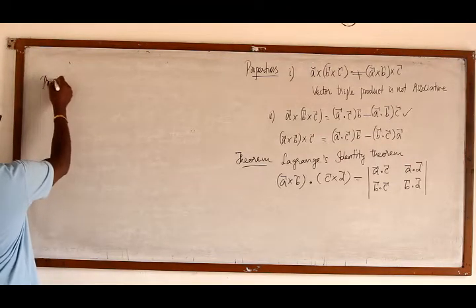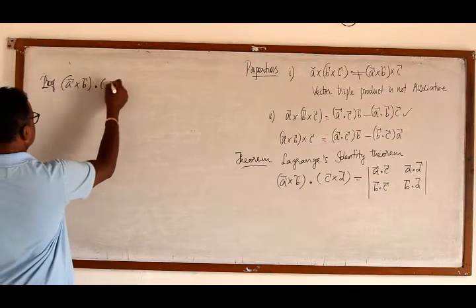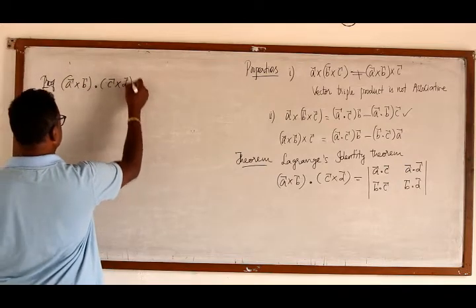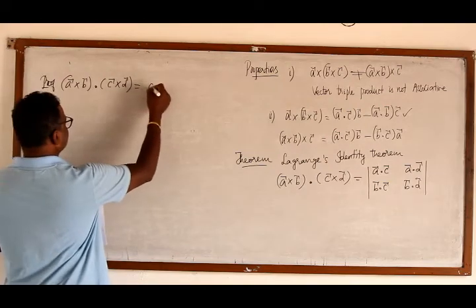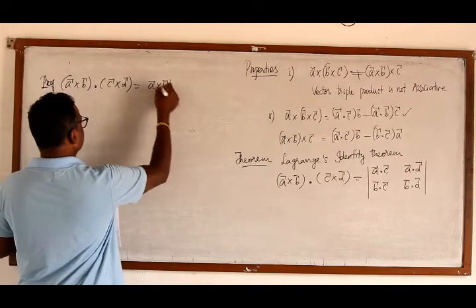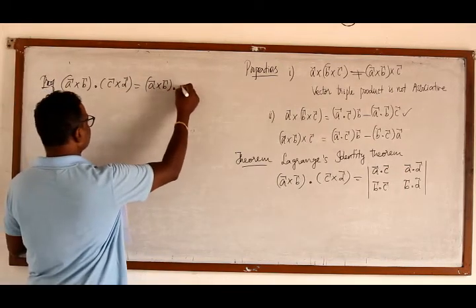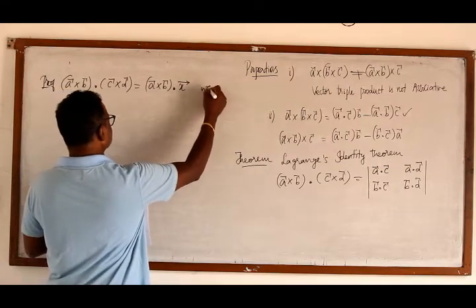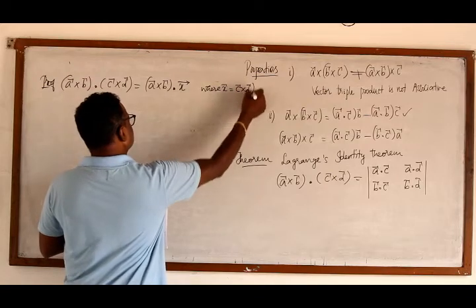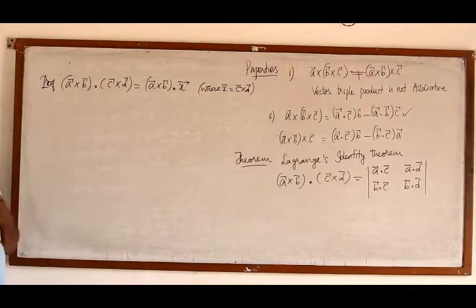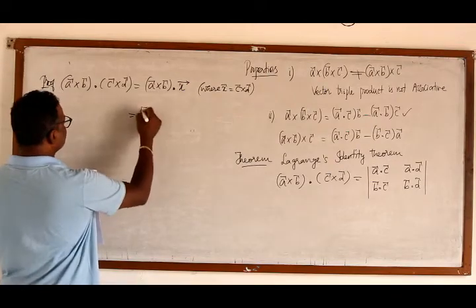Proof. We have (A cross B) dot (C cross D). Let me take this A cross B as it is. And we know the cross product of C and D will be a vector only, so shall I take that as some other vector x? What is this x vector? It is C cross D. After finding the value, we should substitute x as C cross D. Now, is it a scalar triple product?